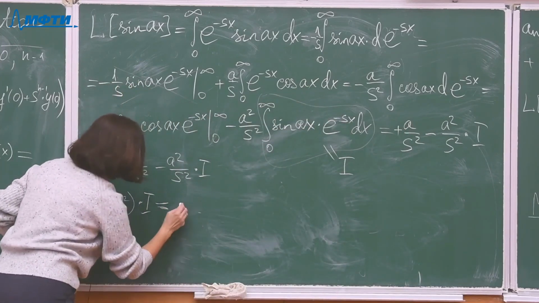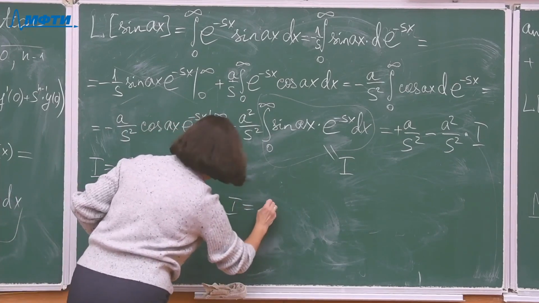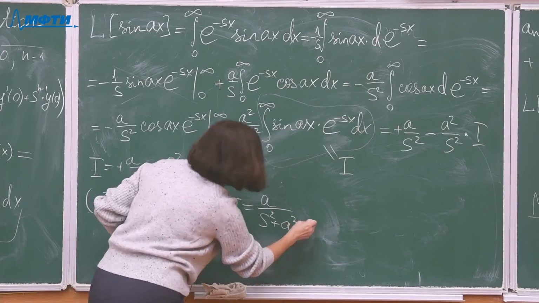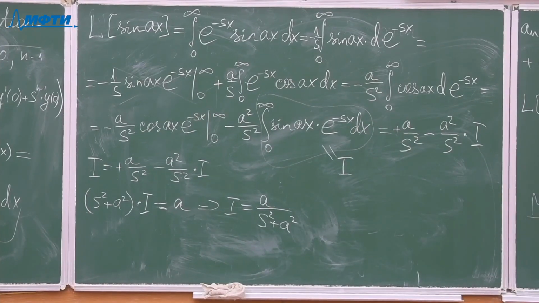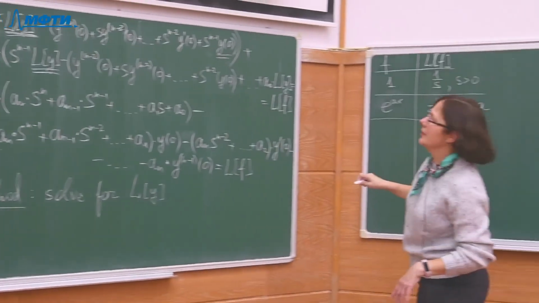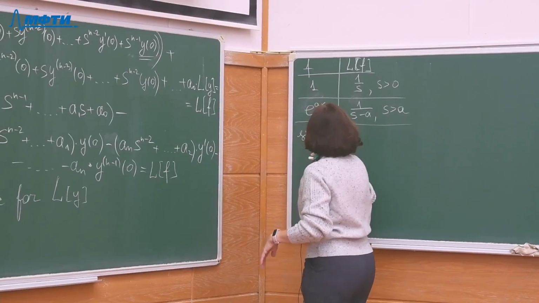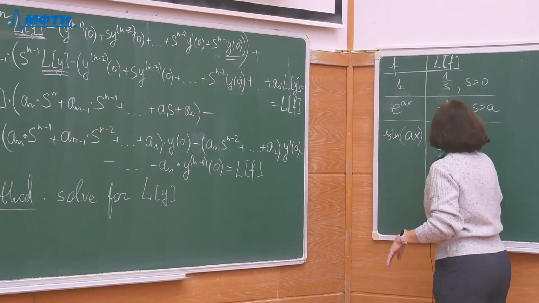So it would be a, from which we have I, the integral, equals a over s squared plus a squared. So it was sine, and the transform is a over s squared plus a squared.